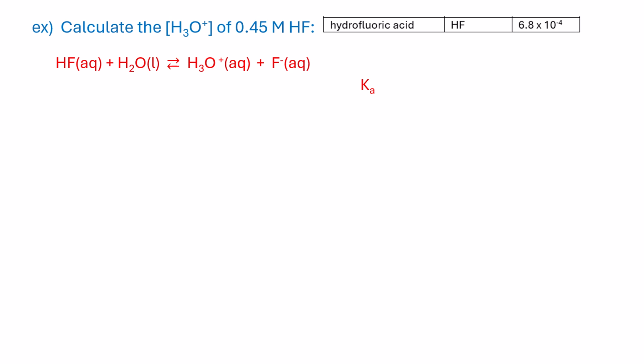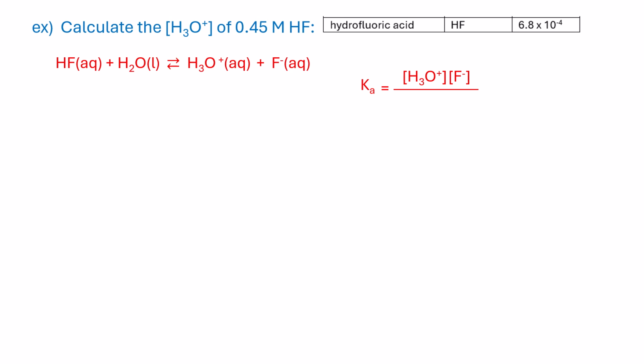So if we set up our Ka expression, our little fraction, let's think about what's going to go on top and what's going to go on the bottom. On top, we have hydronium concentration times fluoride concentration, and they're always just going to be 1 and 1, so we don't have to worry about any exponents.